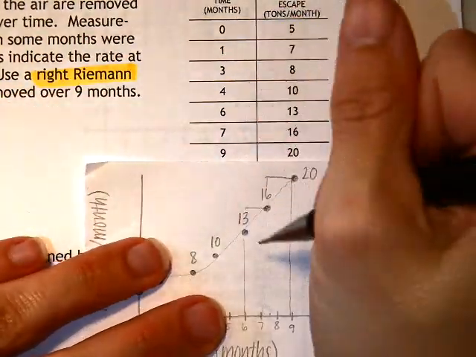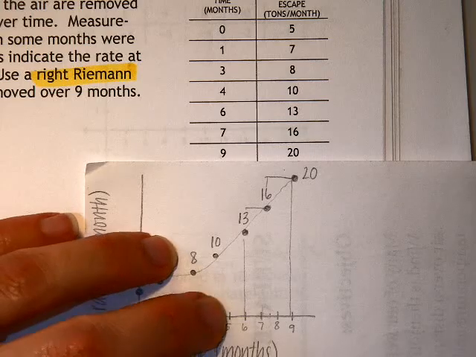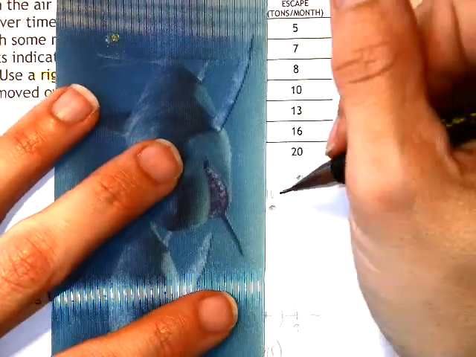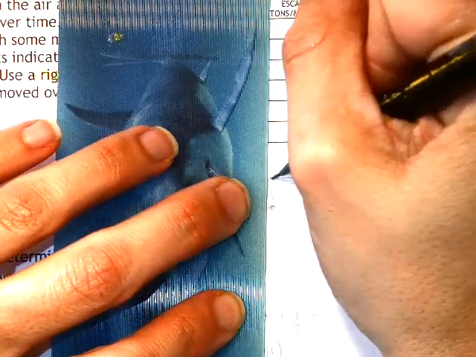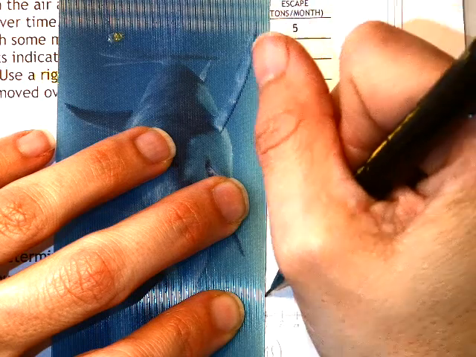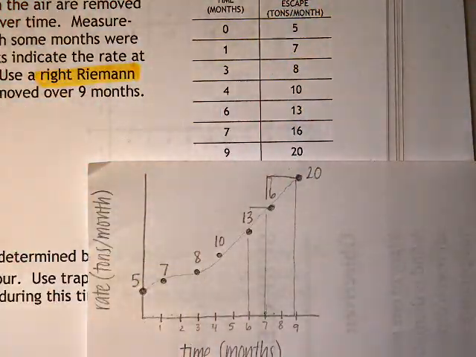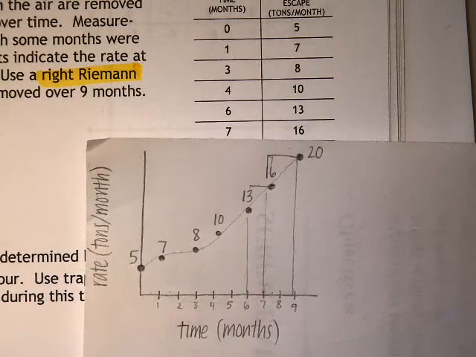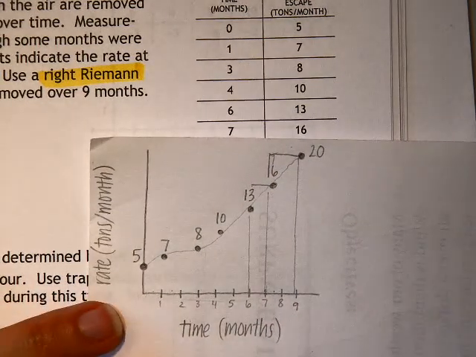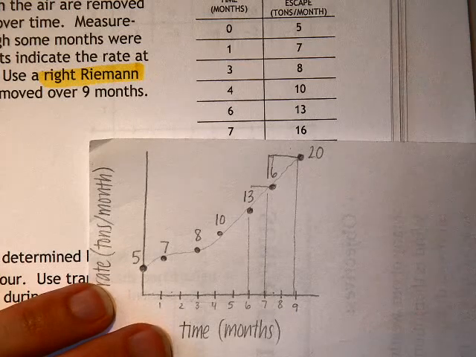But once you get to the point where you can start to see these rectangles are different widths, that's going to be an important concession. Oh, no wonder. Not even close. It's going to be an important concession to make, because when you're finding your areas, some of them will have different bases and obviously different heights. So again, the moral of the story is be as careful as you can.